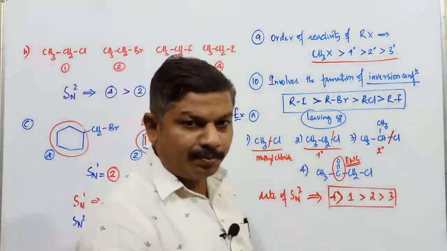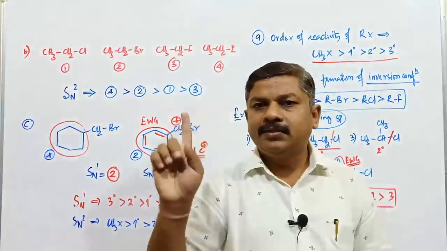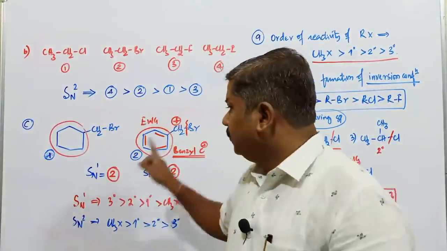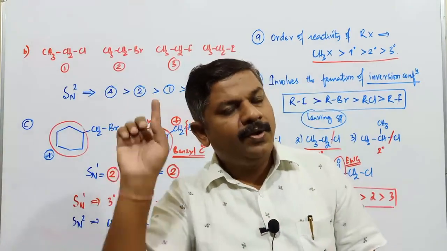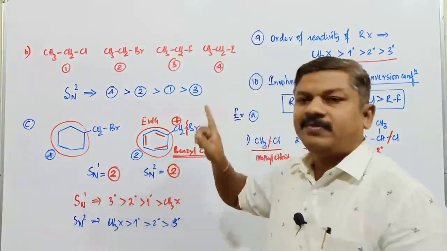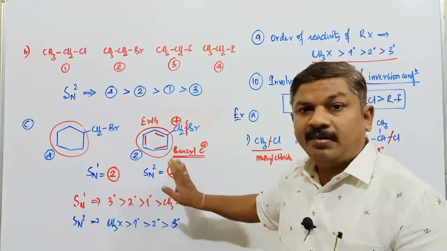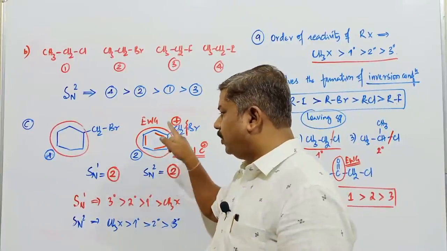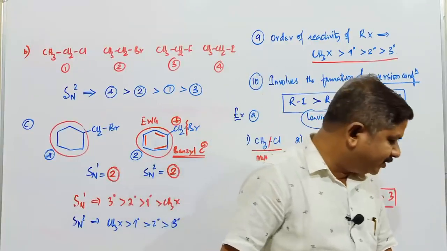Suppose a single compound forms a stable carbocation and has a stronger electron withdrawing group, then that molecule undergoes both SN1 as well as SN2 mechanism. Remember carefully. So out of these two molecules, the second molecule undergoes both SN1 as well as SN2 mechanism easily.